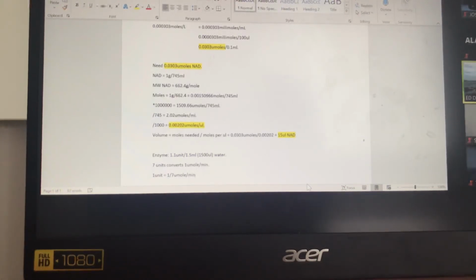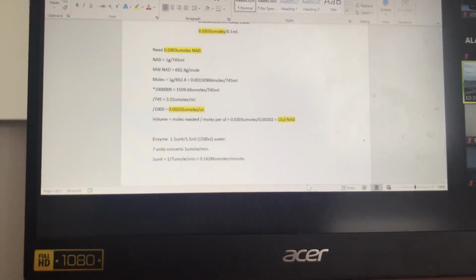And 1 divided by 7 is 0.1429 micromoles per minute.